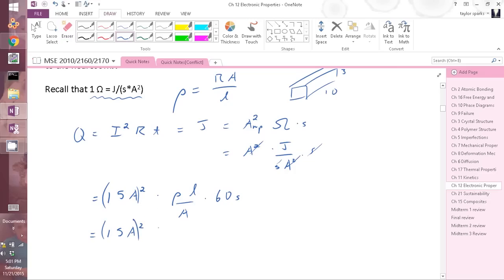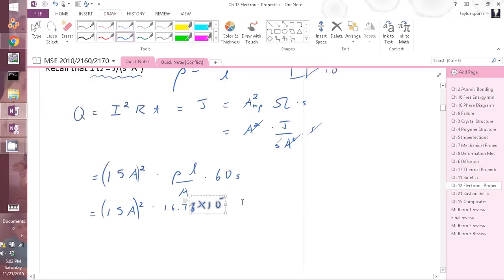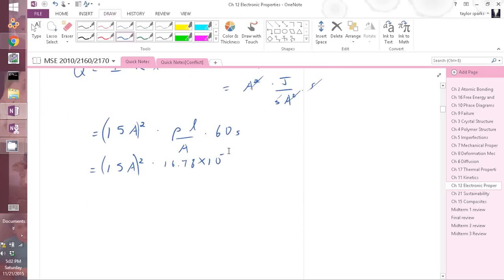15 amps squared times 16.78 times 10 to the negative 9 ohm meters. That's ohms per meter.